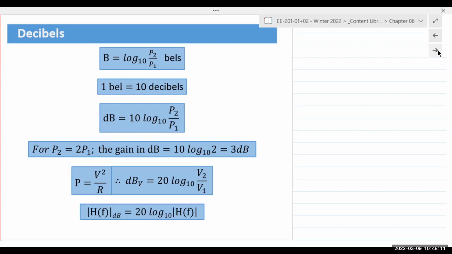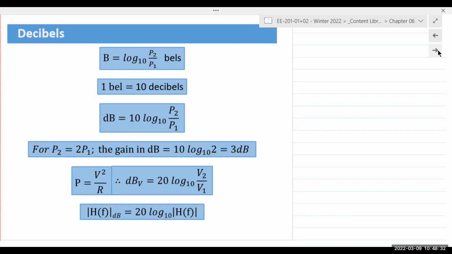More importantly, the way it pertains to the frequency response plots is the magnitude of the transfer function. Transfer function is V out over V in, the ratio of V out to V in. Ratio of voltages.